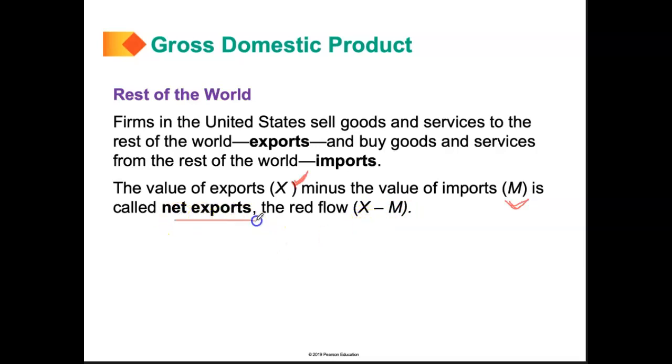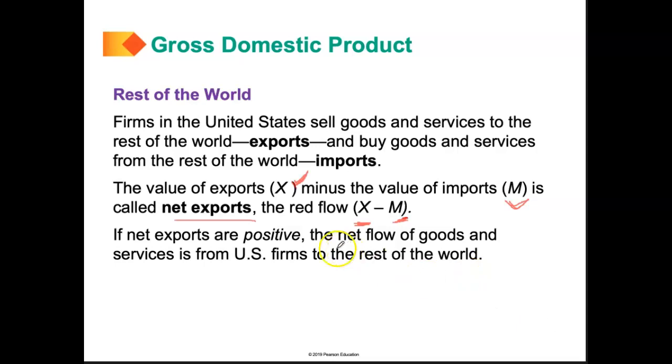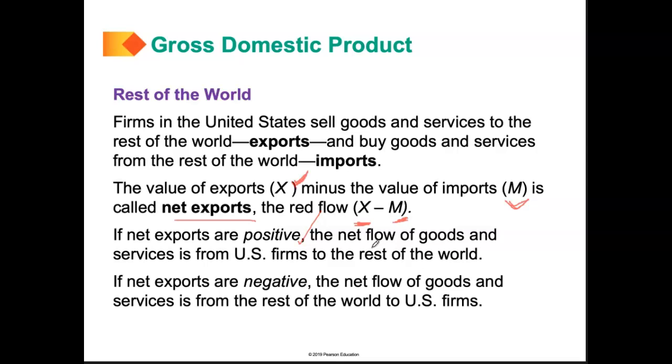We call that net exports, which is X minus M. If net exports are positive, it means there are more goods flowing from the United States to the rest of the world than goods flowing from the rest of the world to the United States. If net exports are negative, it means the flow of goods from the United States to the rest of the world is less than goods flowing from the rest of the world to the United States.